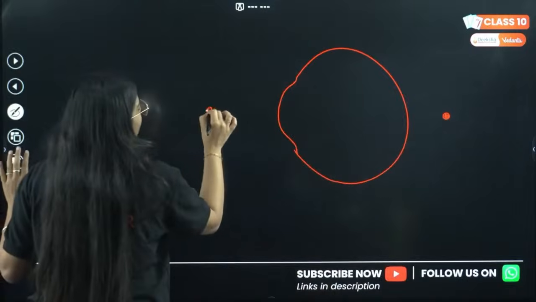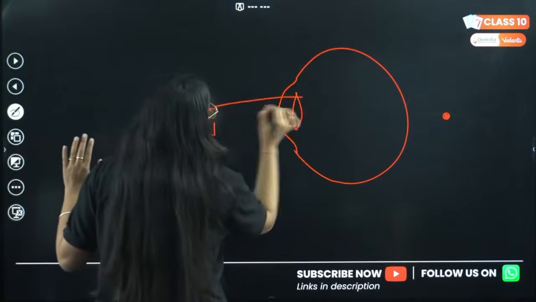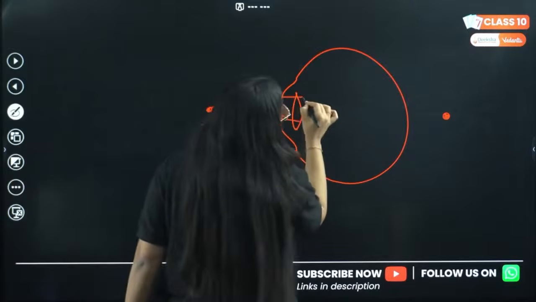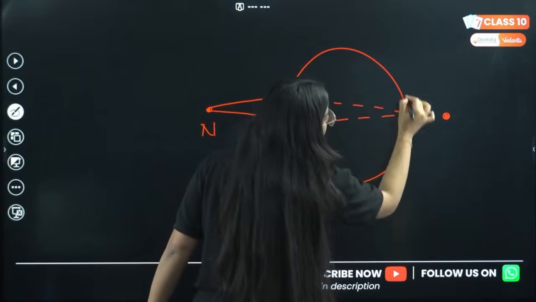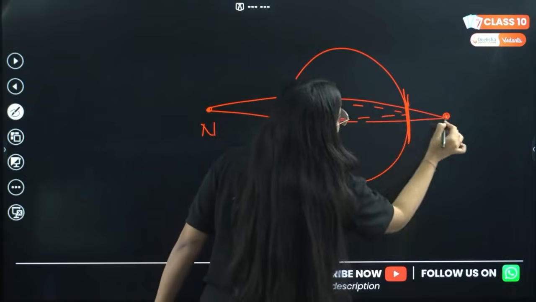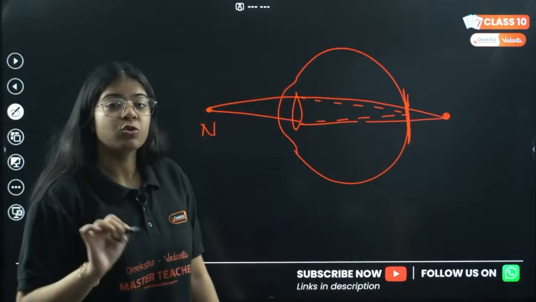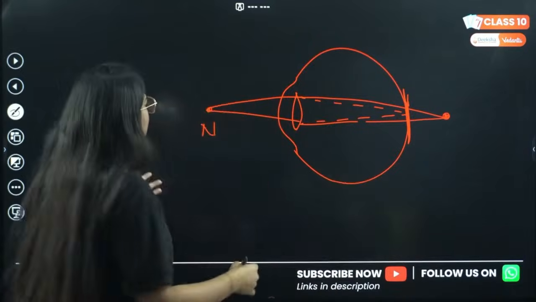See, this is my near point, this is my eye lens. These rays go in here, and instead of converging on the retina, they converge behind the retina, and that is why we are not able to see the image clearly. So this is my ray diagram, and you can just label it.